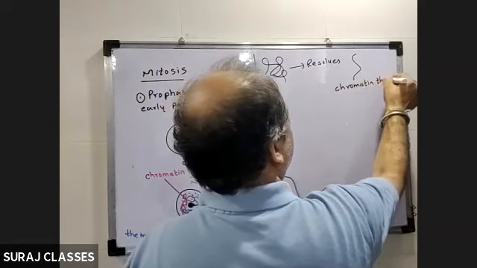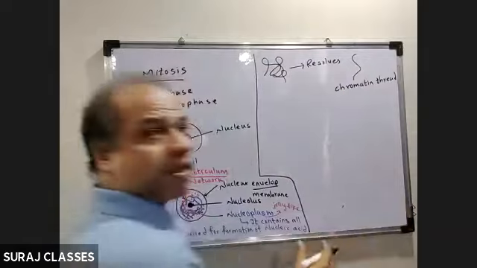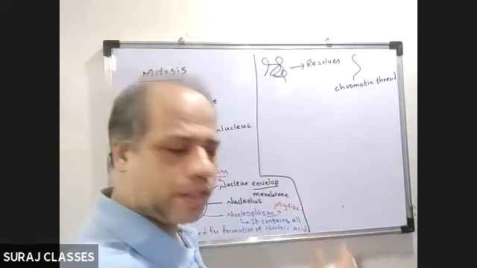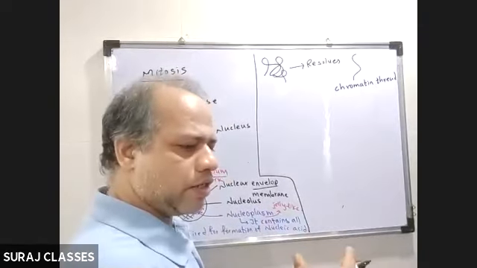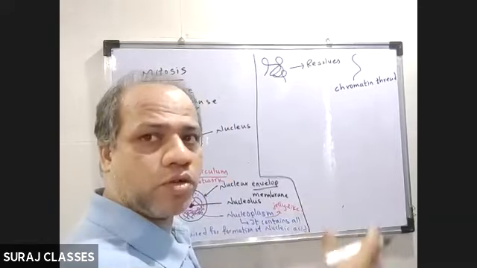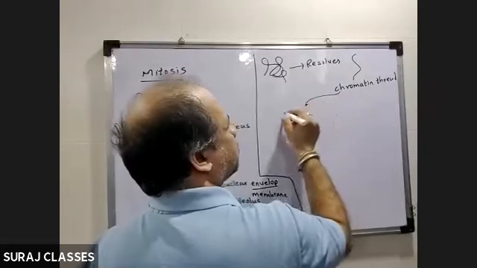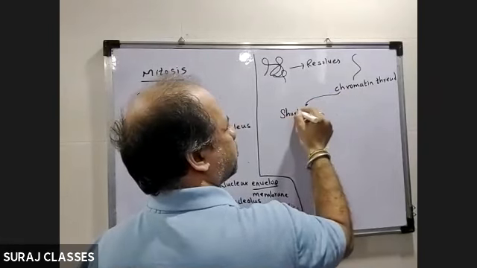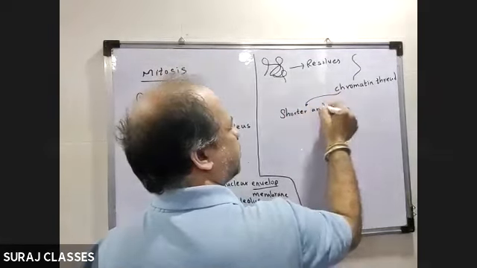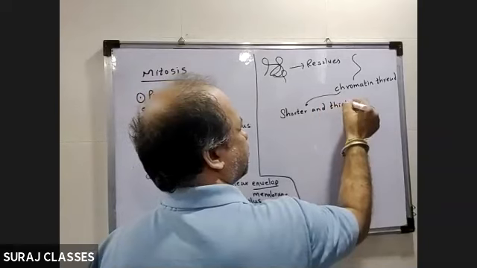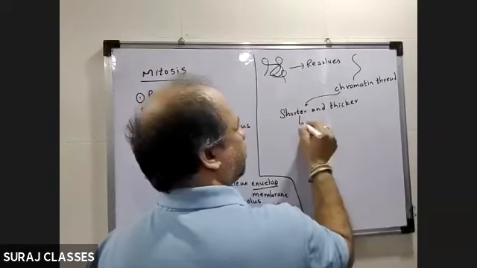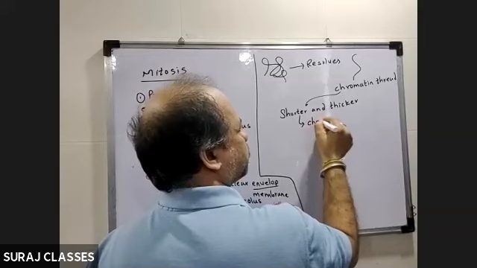This chromatin thread undergoes dehydration and uncoiling. It becomes shorter and thicker to form a definite number of chromosomes.